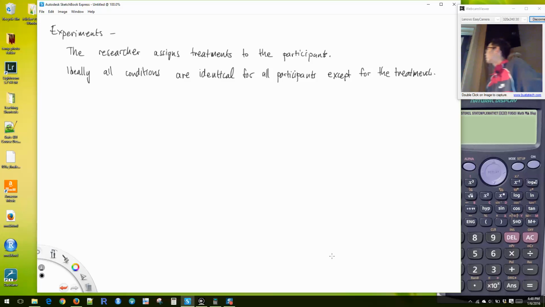Okay. And then at the end of the study, if we observe a difference between this group and this group in the outcome, let's say this group over here, we forced them to drink diet soda, and this group over here, we forced them not to drink diet soda, and then we saw if there was a difference in the incidence of heart attacks.